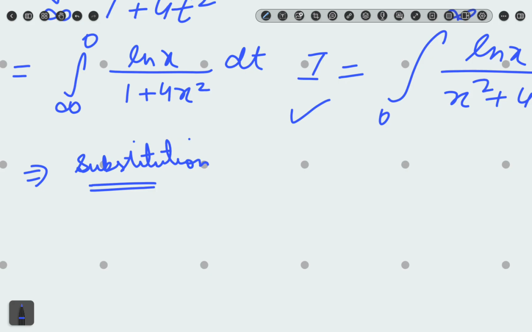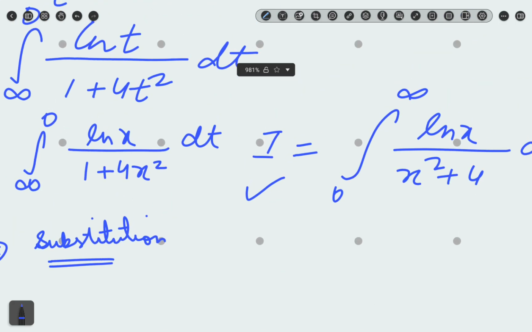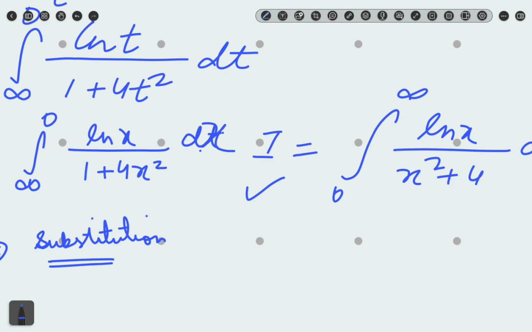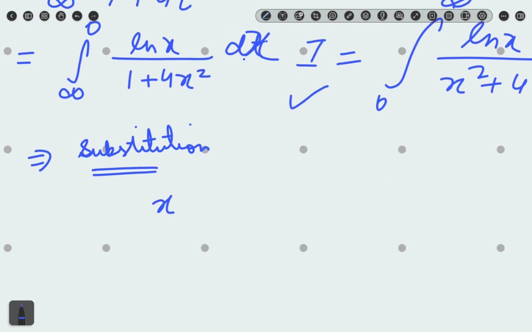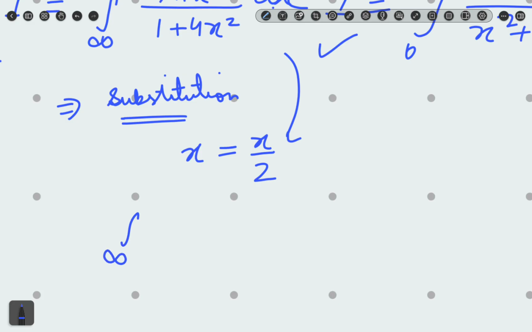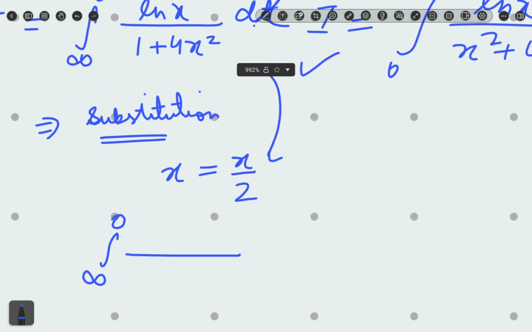So we can substitute x as x by 2 here, right? So what this does is ln x minus ln 2, right?